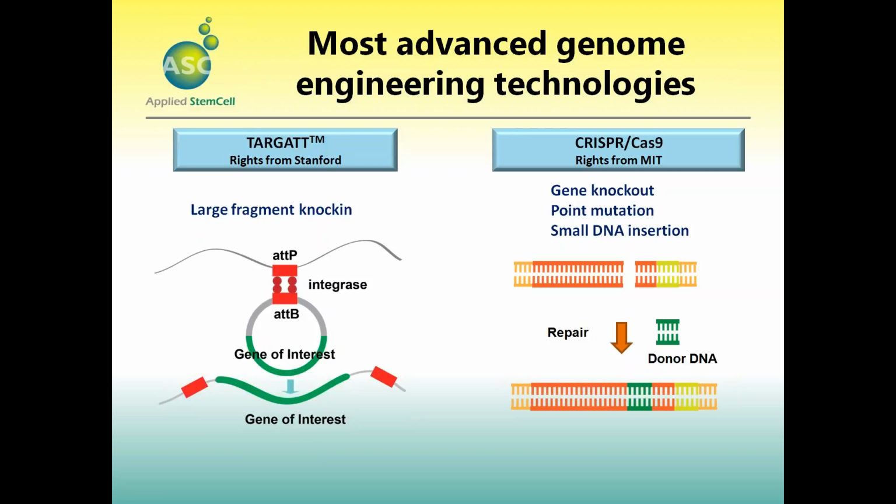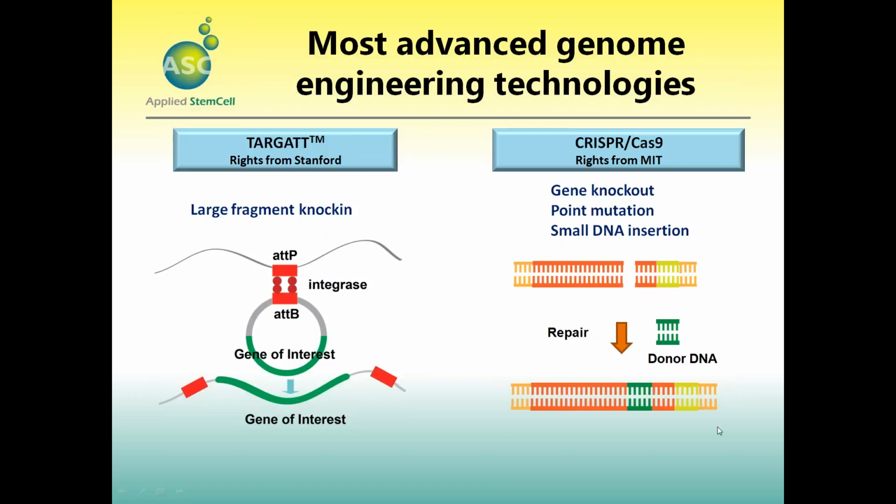The targeting vector contains the gene of interest and a recognition site we call attB, which can recognize the docking site attP. With the enzyme, here we use phiC31 integrase, the gene of interest will be integrated into the safe harbor. TARGATT is a very good tool for inserting large fragment DNA.